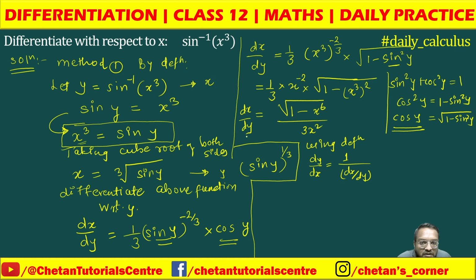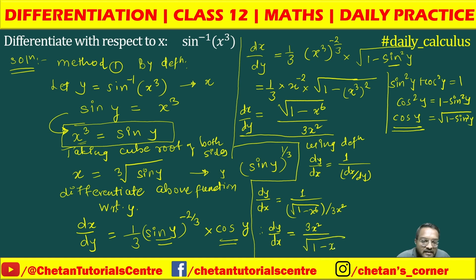So once I substitute this value of dx by dy in this equation, what I will get, dy by dx is equal to 1 upon under root of 1 minus x raised to 6 divided by 3x square. So I will get dy by dx is equal to 3x square divided by under root of 1 minus x raised to 6. So this is the final answer that we have obtained.